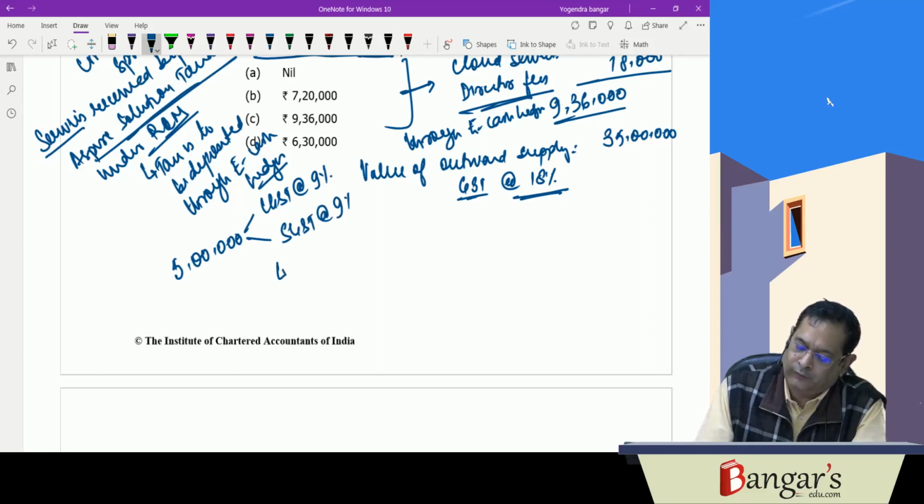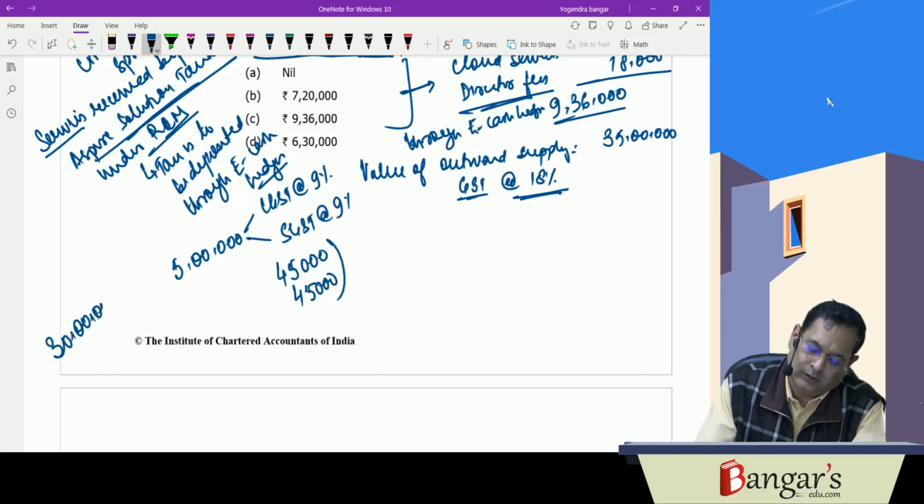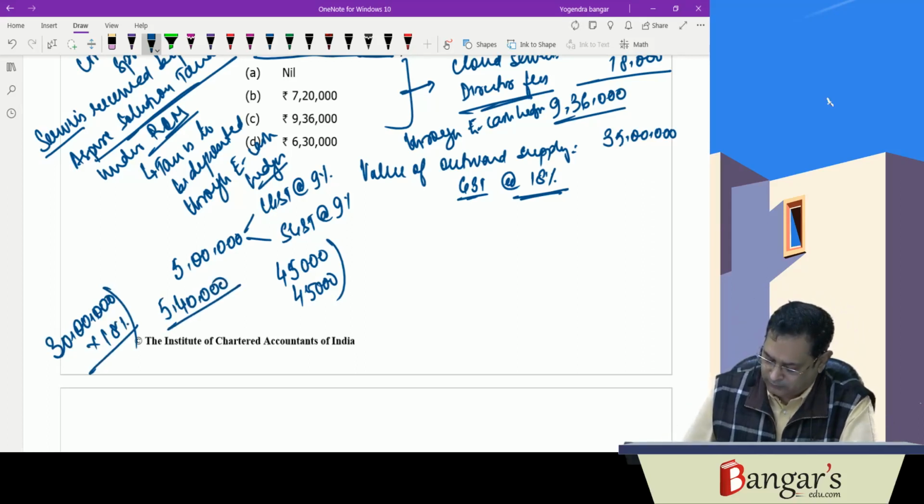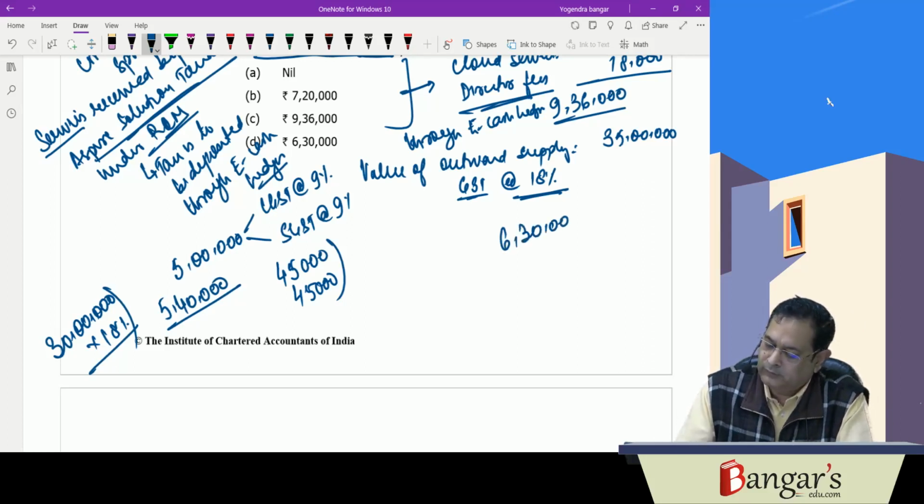So it works out to be 45,000 rupees and 45,000 rupees. And on 30 lakh rupees, IGST is levied at the rate of 18%, that is 5,40,000 rupees. So on 35 lakh rupees, the liability works out to be how much? 6,30,000 rupees. This is the outward tax on outward supply.